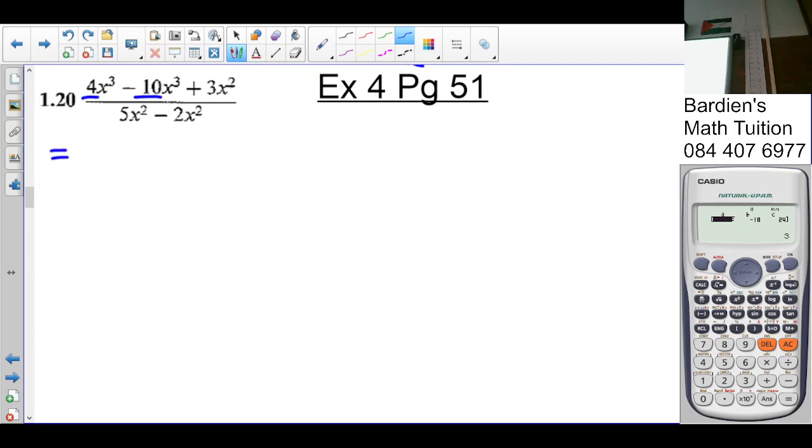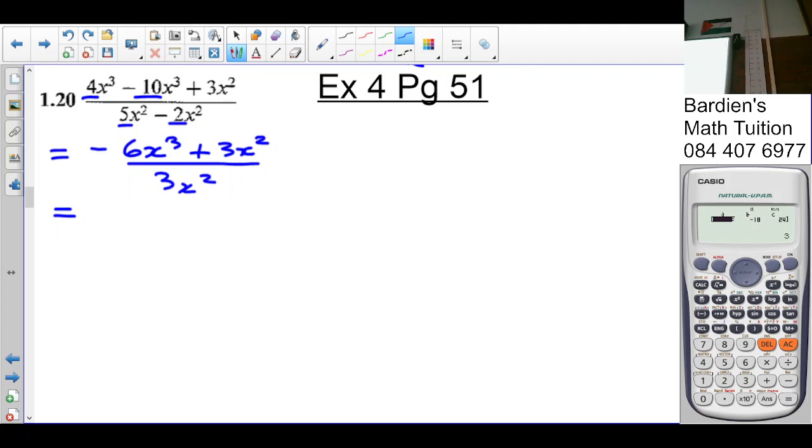So what is 4 minus 10? Negative 6. So 4x cubed minus 10x cubed is negative 6x cubed, plus 3x squared over... They are like terms, not so? 3x squared.